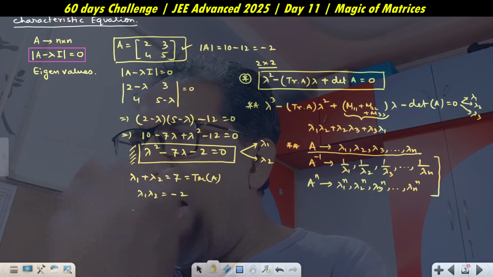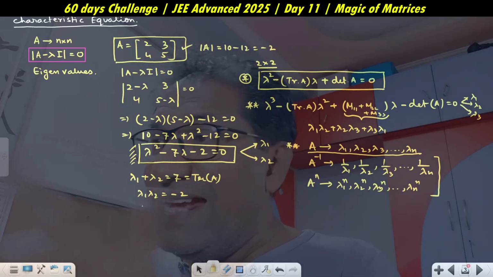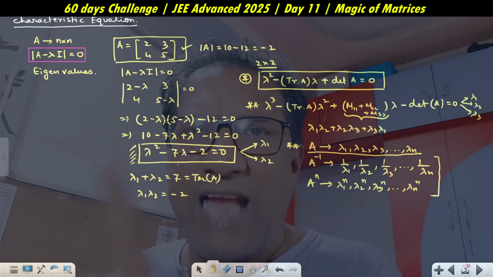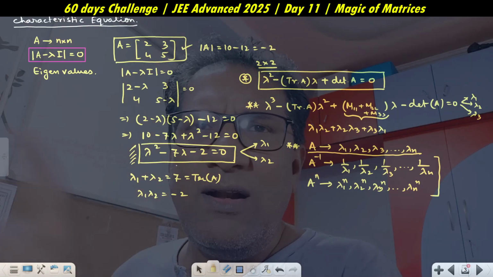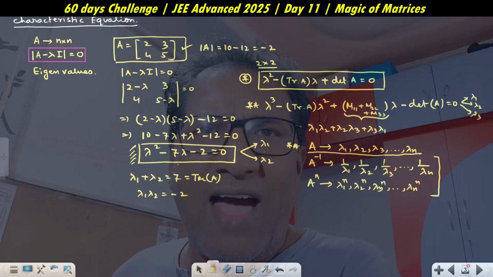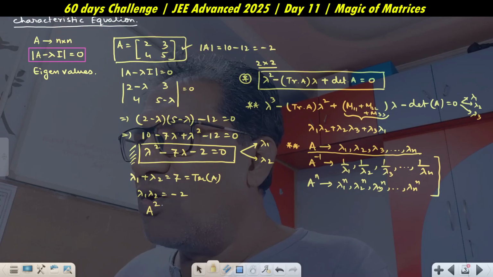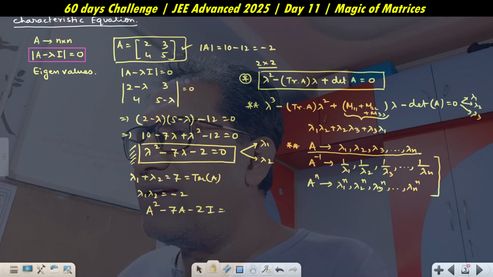So from the Cayley-Hamilton theorem, the matrix will satisfy this characteristic equation. That is, A square minus 7A minus 2I will be equal to 0.